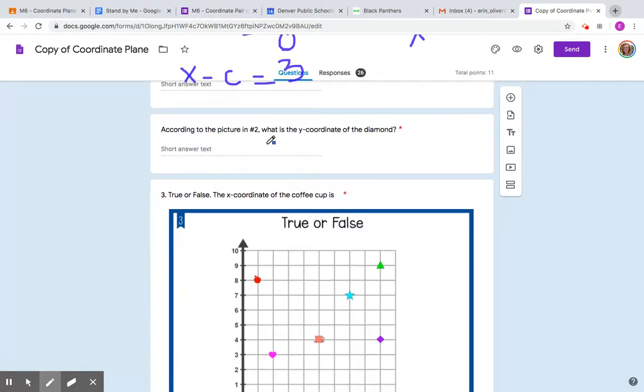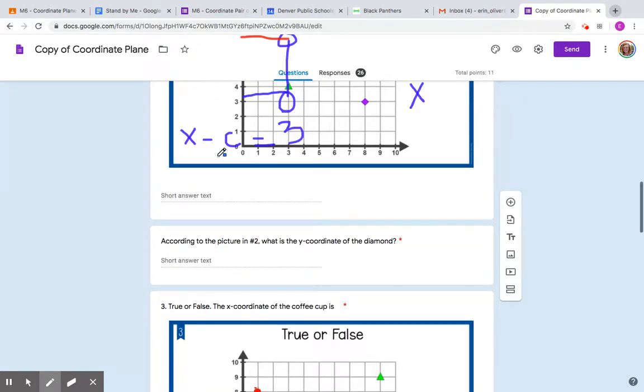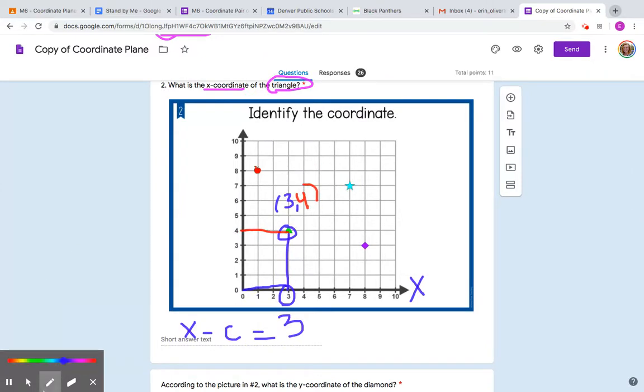Now we have to look at the y-coordinate of the diamond or the rhombus. So our rhombus is right here. To get to the rhombus, I go over until I hit 8. So now my x-coordinate is 8. And I go up until I hit 3.